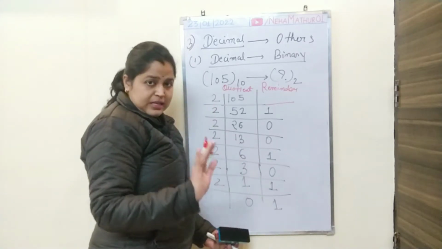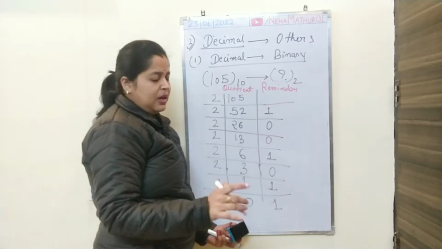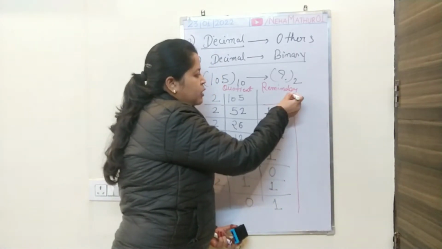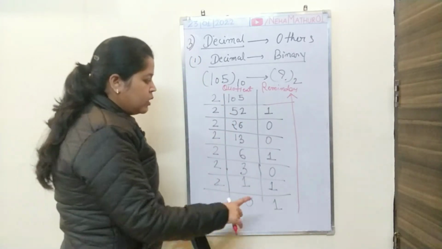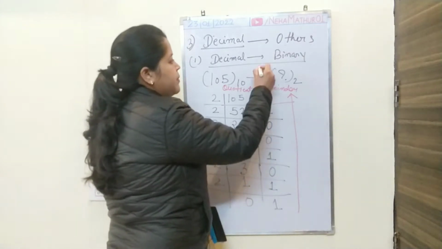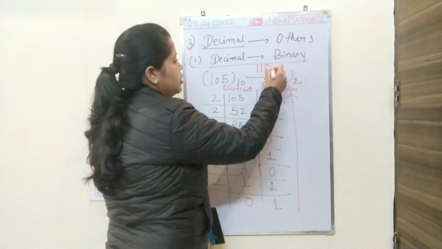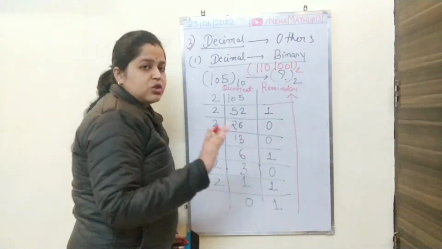Now the important task is how we are going to collect all the remainders. Always remember that we will have to collect all the remainders from bottom to top. So your answer will be 1101001.